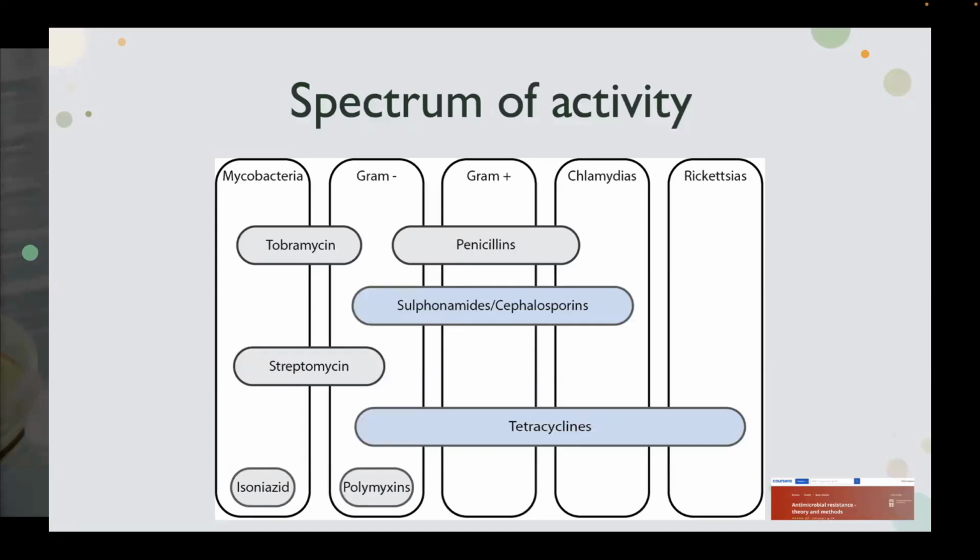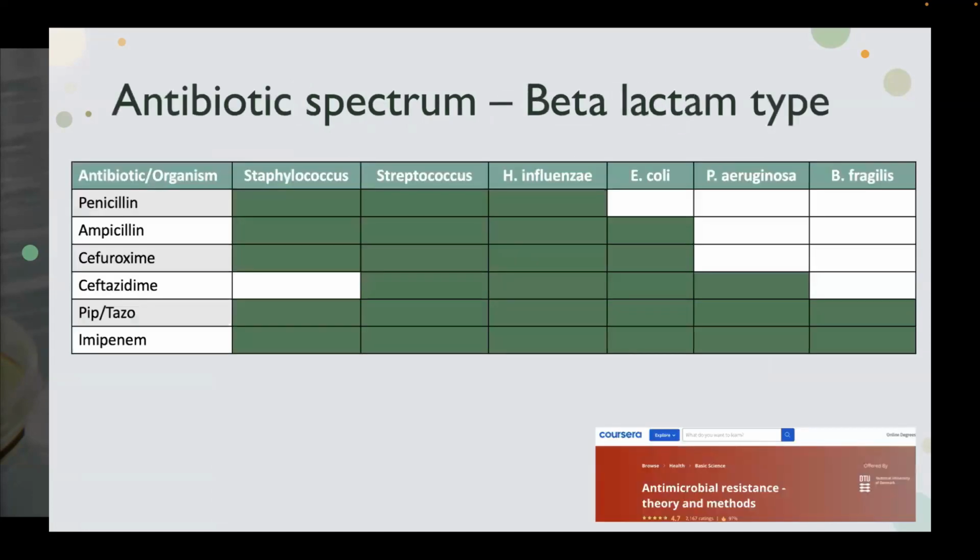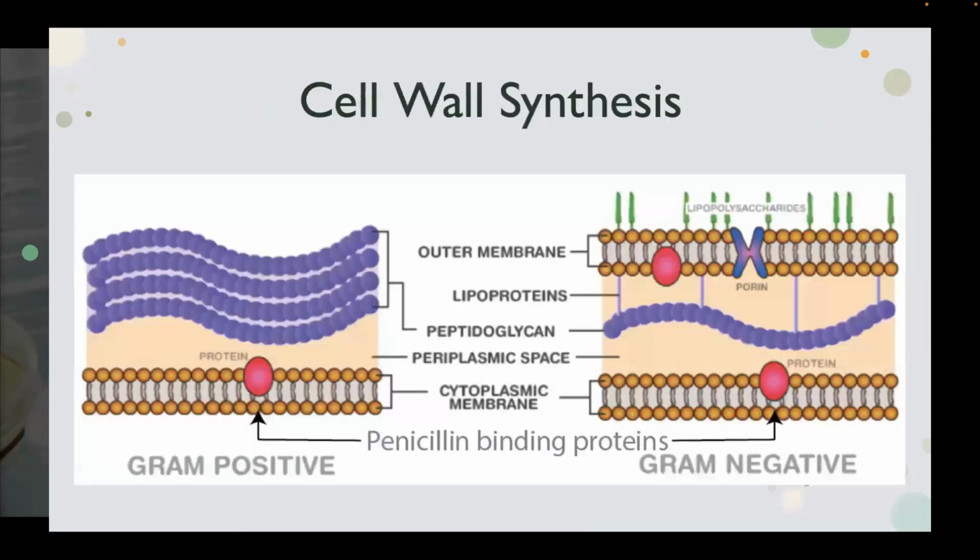The tetracyclines are the most broad, and some are more targeted. Today we're going to drill in specifically on beta-lactam types. The penicillin-based antibiotics often have a beta-lactam, and ampicillin is one of those, and you can see the range of things that they hit.